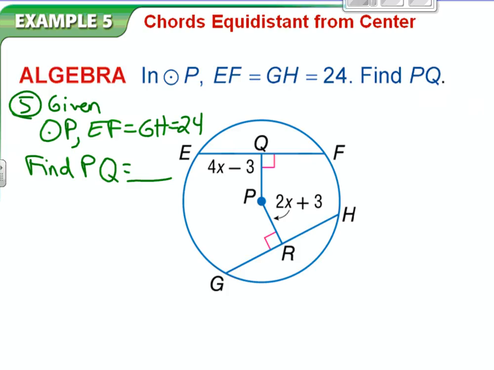We know that EF and GH are the same length, and so in this case, since those are the same length, they're going to be equidistant from the center. So mark PQ and PR as congruent. And then you can write an equation, 4x minus 3 equals 2x plus 3.